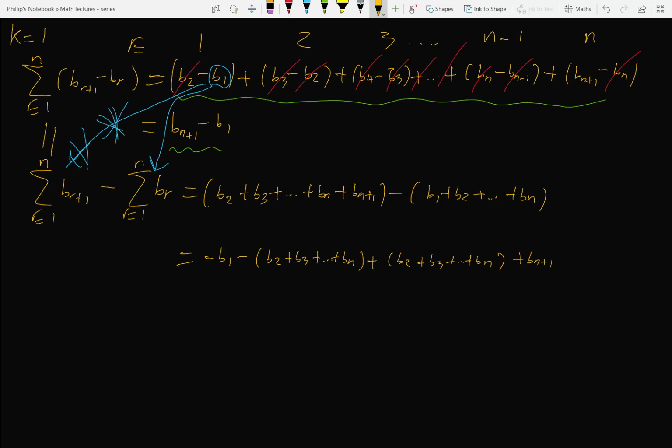So you can see all these terms in the middle are going to cancel, leaving us just bn plus 1 minus b1.